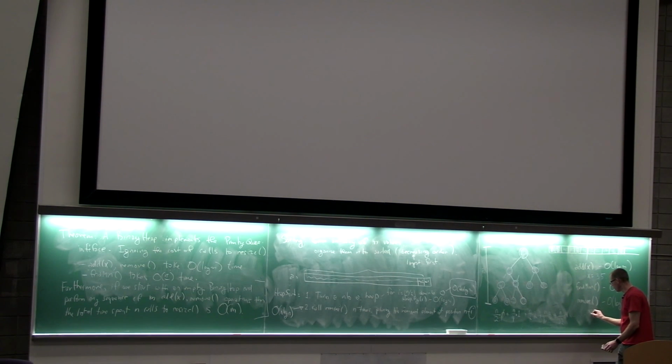Or if you like, you can write this as n over 2 times the sum over i of i over 2 to the i.